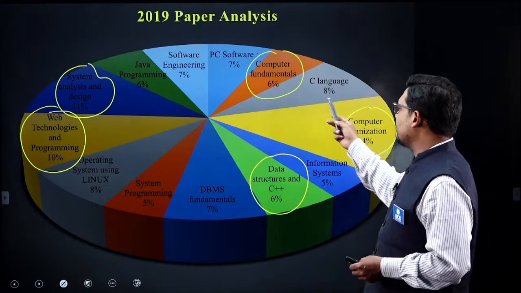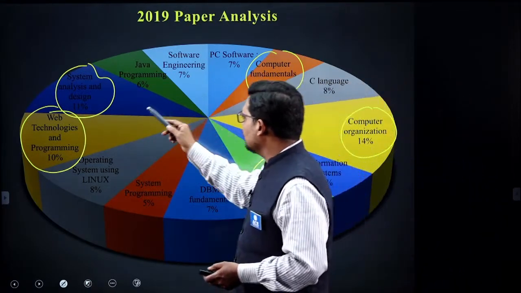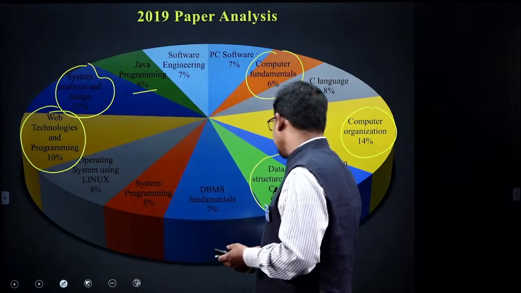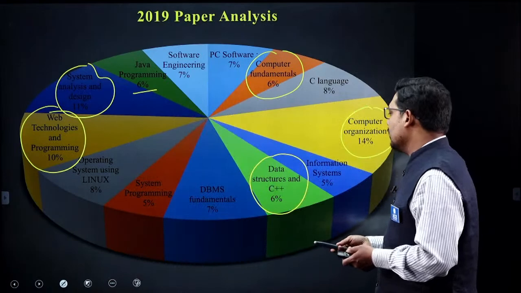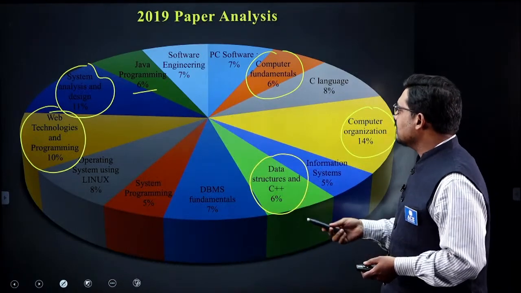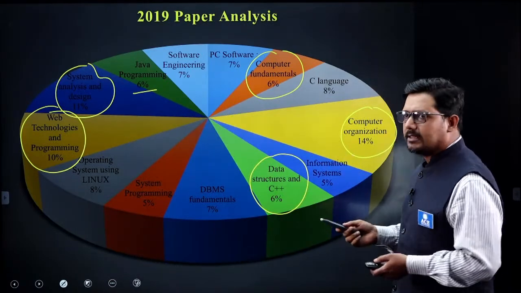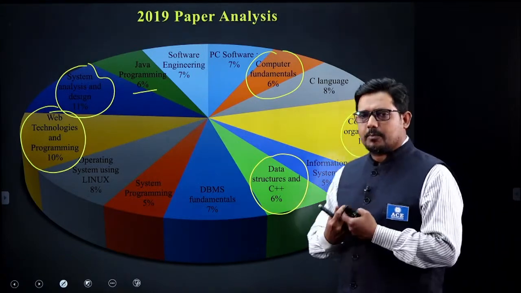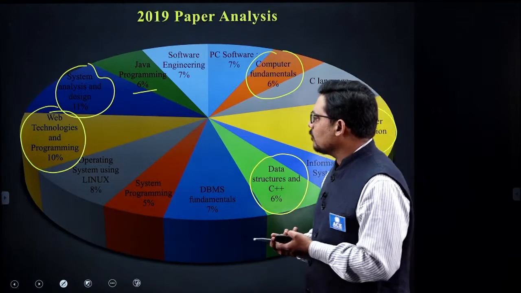You can see 8%, 6%, 7%, so more or less the same weightage. Maybe one or two topics may get more questions, but there is no pattern here from which we can conclude that a particular topic has larger weightage compared to another topic.